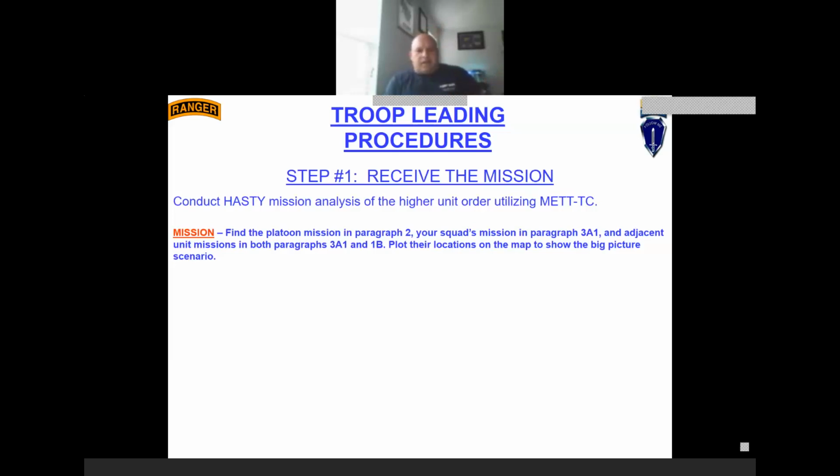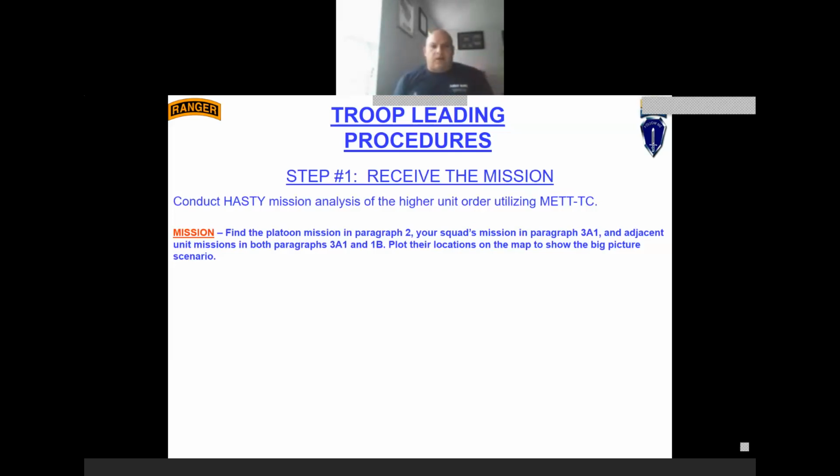Whenever you get an op order, you see higher's op order, plot everybody's location on the map. This is how you speed up the planning process when it comes to your troop leading procedures, and you can get within that 20 minutes of coming up with a concept.